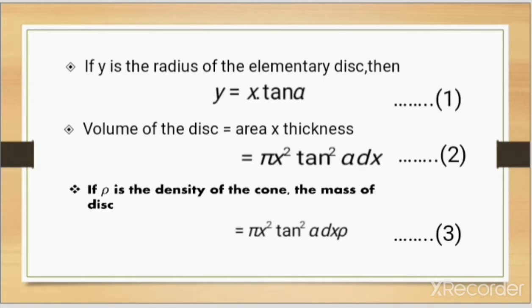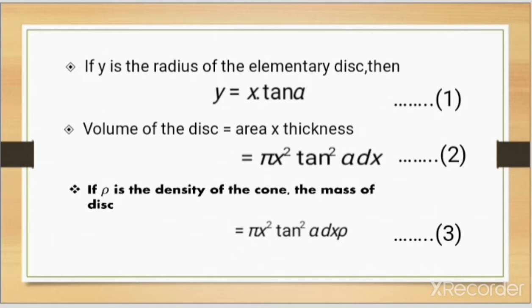If y is the radius of the elementary disk, then y is equal to x tan alpha. Volume of the disk equals area into thickness, which is equal to pi x square tan square alpha dx.